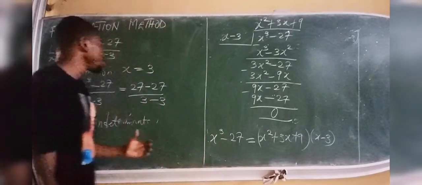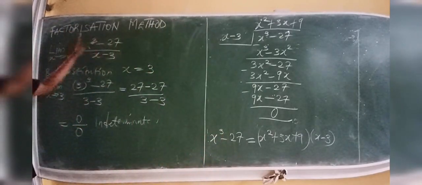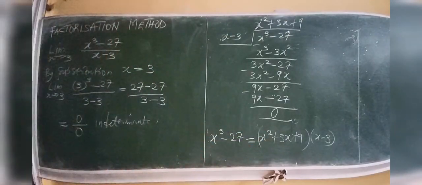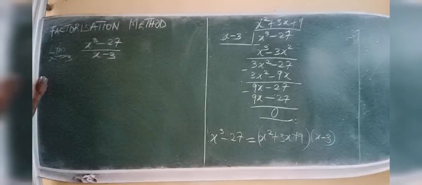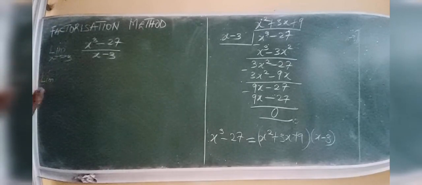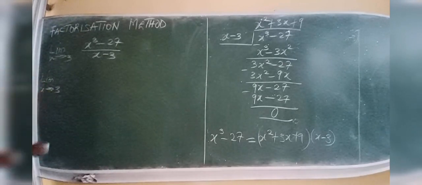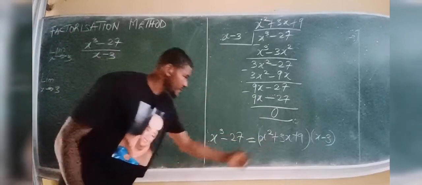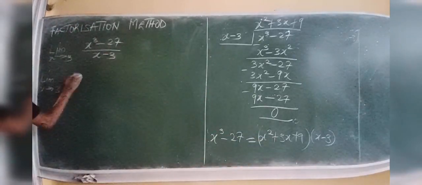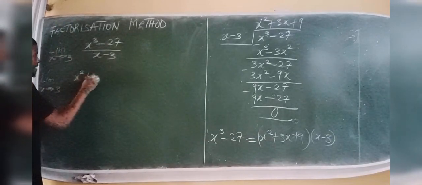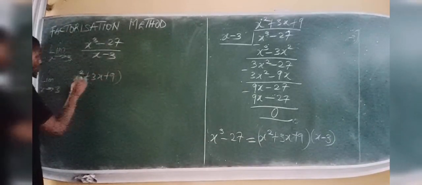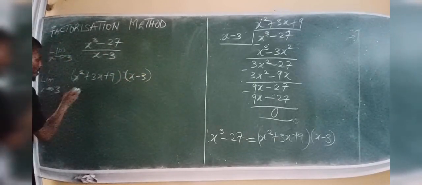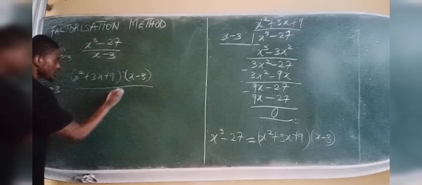In place of x cubed minus 27 in this equation, we simply replace it with these factors. So this becomes the limit as x tends to 3. In place of x cubed minus 27, the factors are this: x squared plus 3x plus 9 multiplied by x minus 3 all over x minus 3.